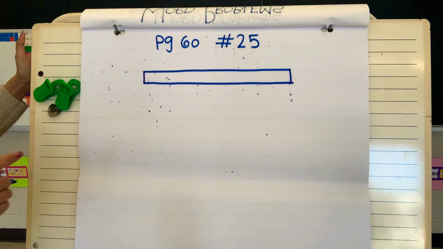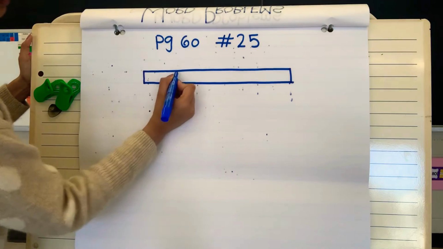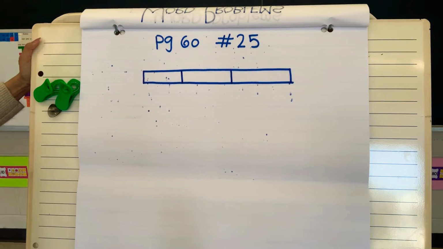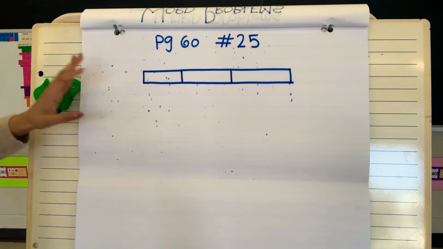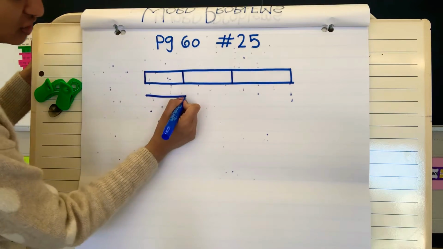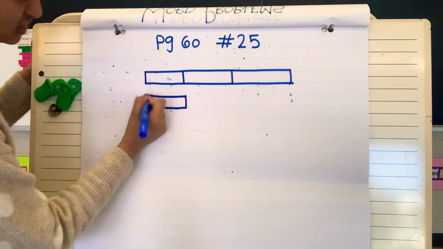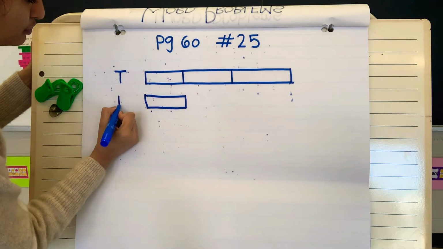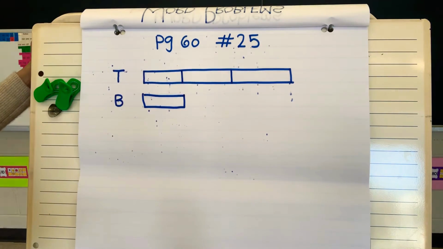I just drew the bar, and this is just like your textbook. So this is T for Taylor, B for Bonita.